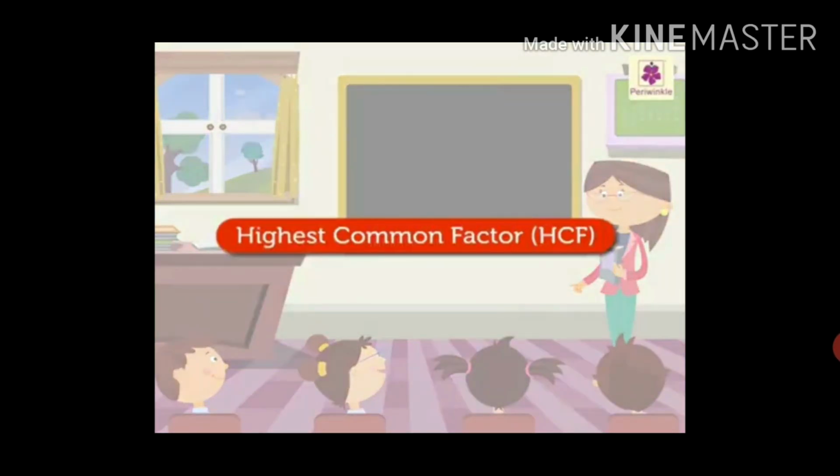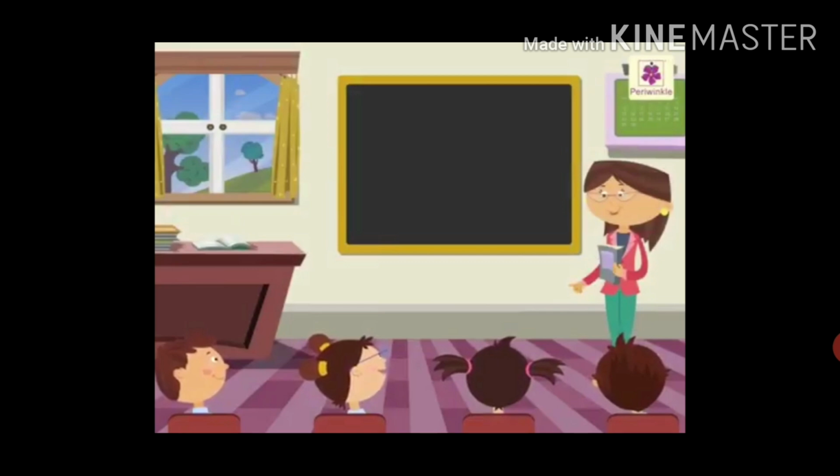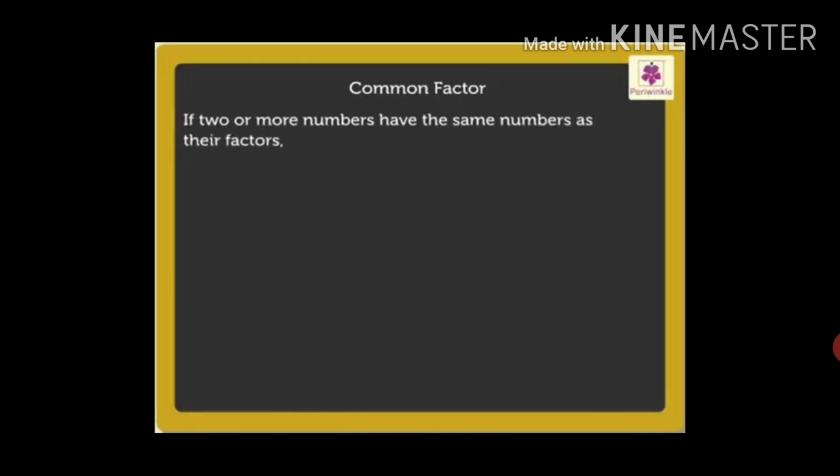Today, let us learn about the highest common factor, also called HCF. We have already studied factors. Now let us understand the meaning of the term common factor. If two or more numbers have the same numbers as their factors, those factors are called common factors.